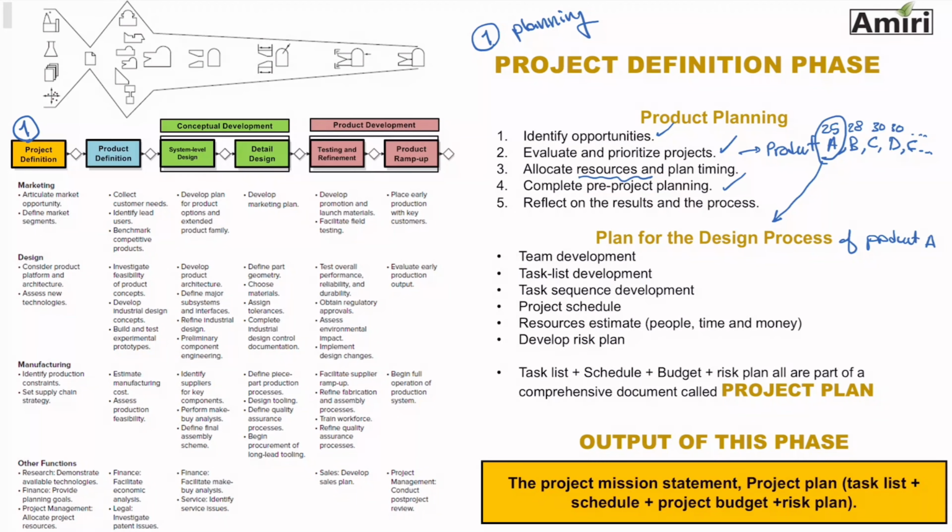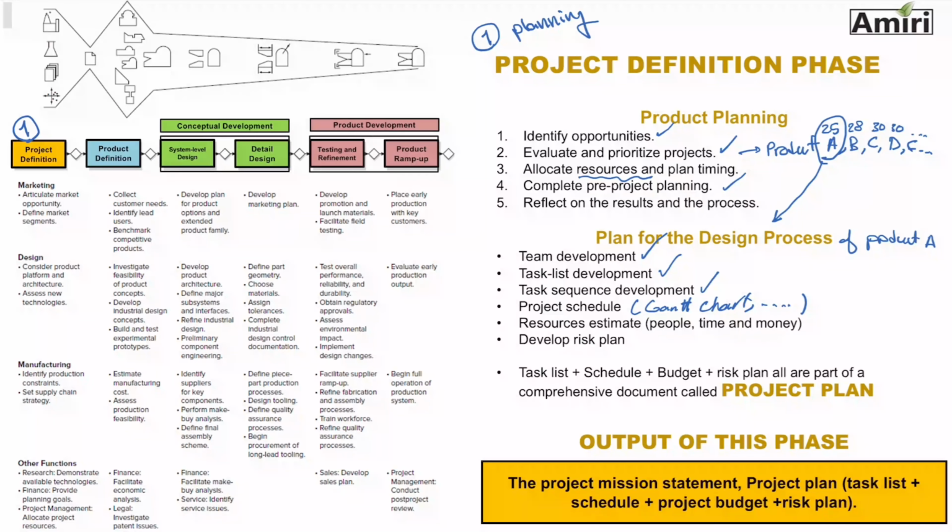You figure out who your team is, who's going to be part of the team, what expertise or people you need. You develop your task list and the sequence of tasks that goes with it. You develop the project schedule, for which you probably know some more familiar terms such as Gantt chart, DSM, or PERT chart, and so on. We'll talk about them later. That's the schedule of the project. You estimate resources.